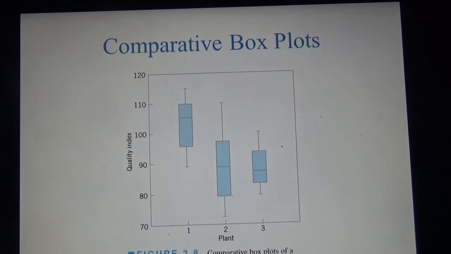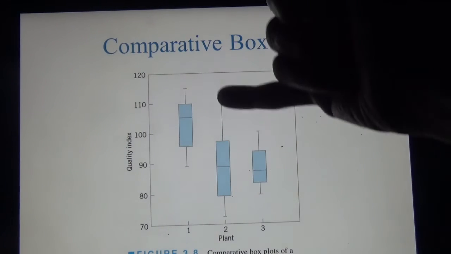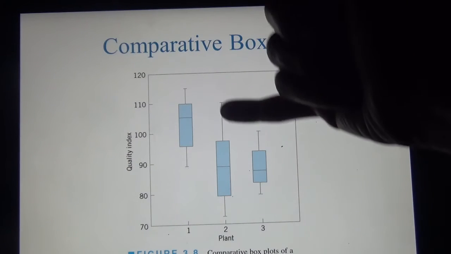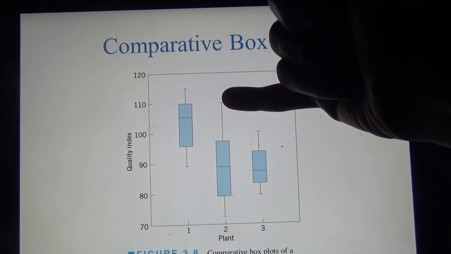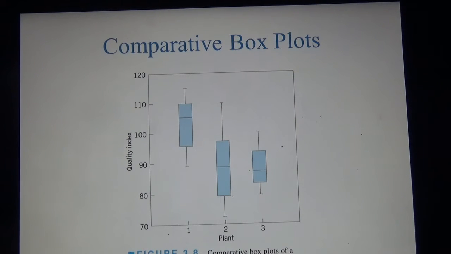Which one has the most variability? The second one, because it has a very large variability. For quality, we wouldn't like that kind of variability. We would like as small a variability as possible in order for our products to be qualified.